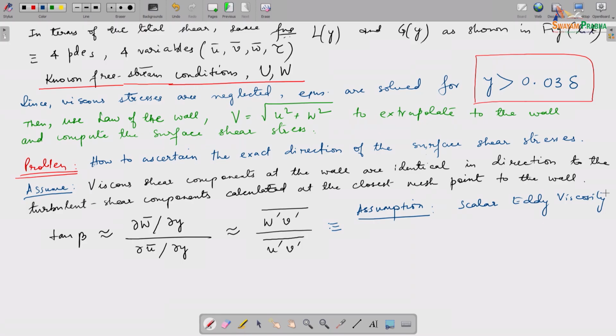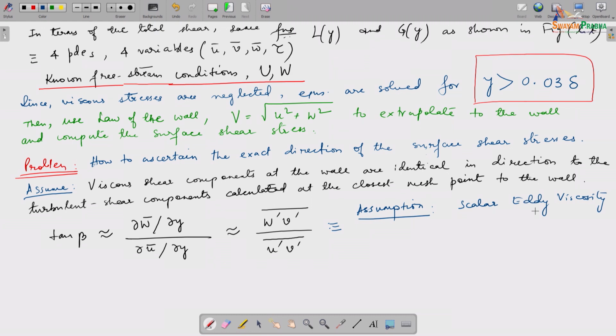When we do this, we land up with this trouble. When we say that the direction of the viscous shear components at the wall, the slope of that, is the same as the turbulent shear components at the nearest mesh point, this essentially means that we are assuming the eddy viscosity to be a scalar.